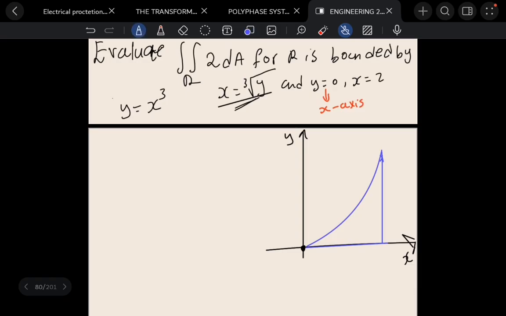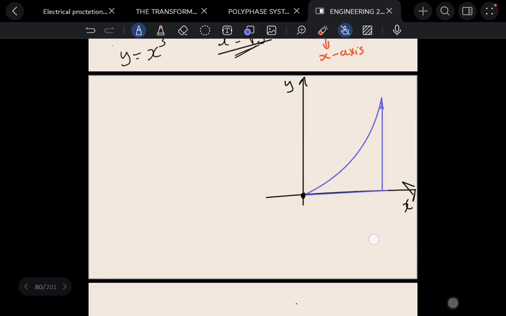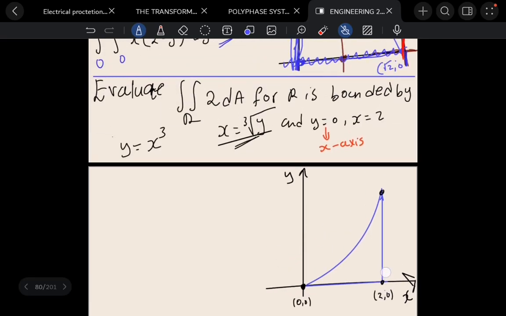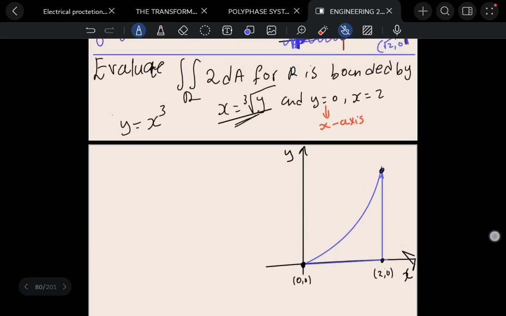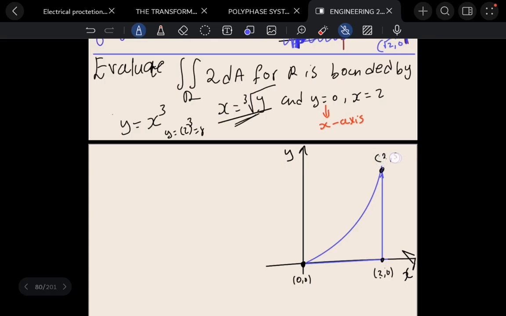At that particular region, this is 0:0. This here is 2:0, but I do not know the point of intersection. Now I want to get the y, but I know that x is 2. I'm going to say y is equal to 2 all cubed, which is equal to 8. So that point there is 2:8.